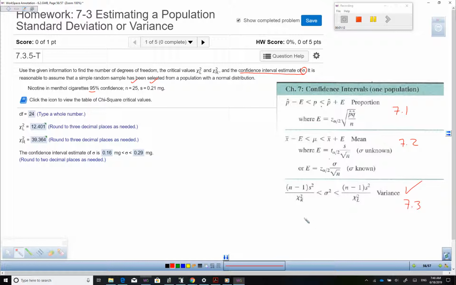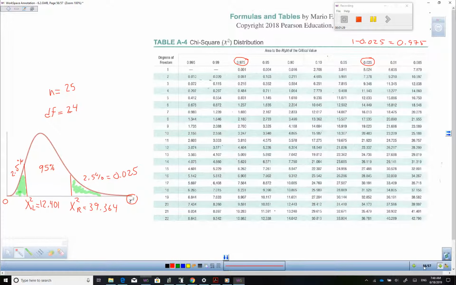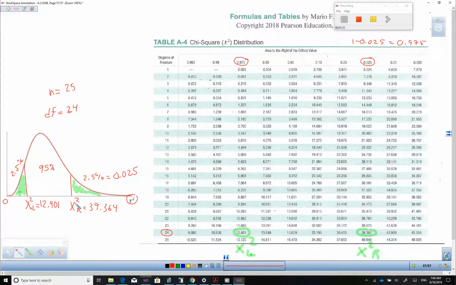Let me show you how to get those critical values from the chi-square table. You need to click here on this icon, and when you click there, you will get this table right here. The confidence level is 95%.